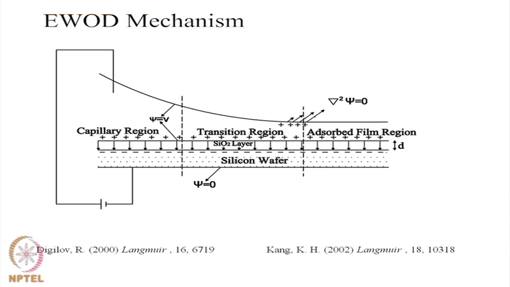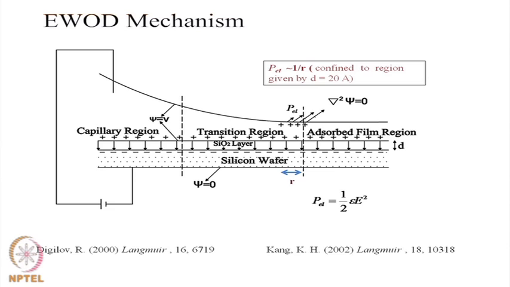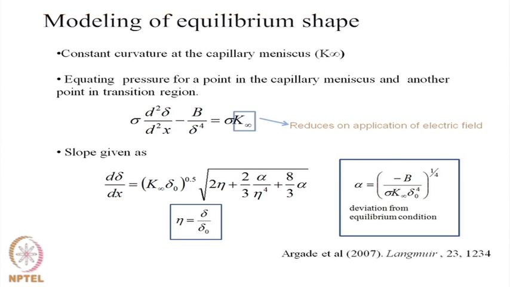Since EWOD, the application of electric field, forms a wetting film and reduces the contact angle, if I have EWOD on a partially wetting film, then the contact angle will decrease and we should be able to have more spreading of the thin film. So, this is denoted by this. There is an extra pressure, which we denoted as P electric, which pulls the liquid towards the adsorbed thin film region.